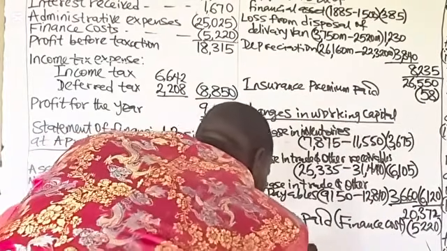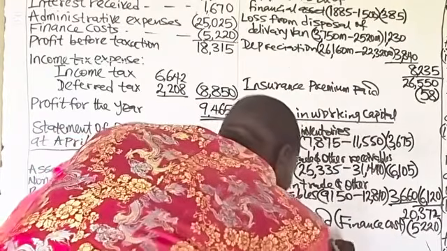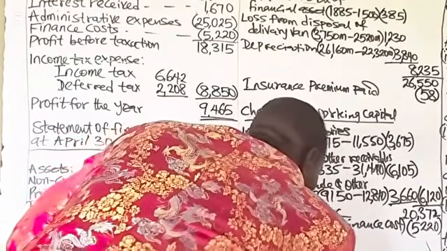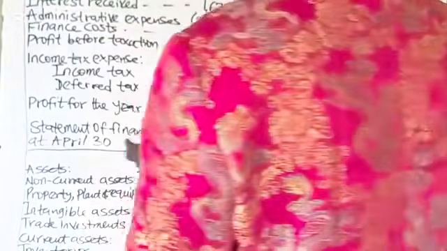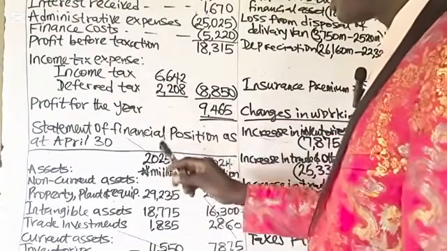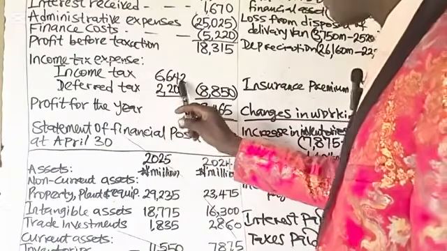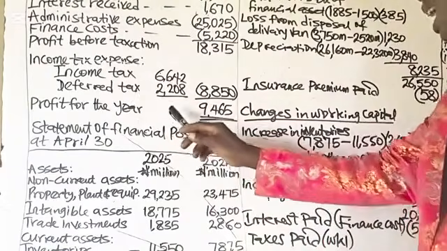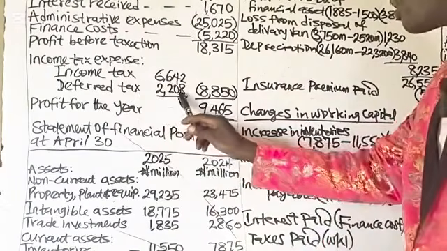After interest paid, you want to consider the taxes paid. We will have this as working number 1. This will be the first working under this. If you go through the statement of profit or loss, you have the income tax expense of 6,642 and the deferred tax of 2,208.